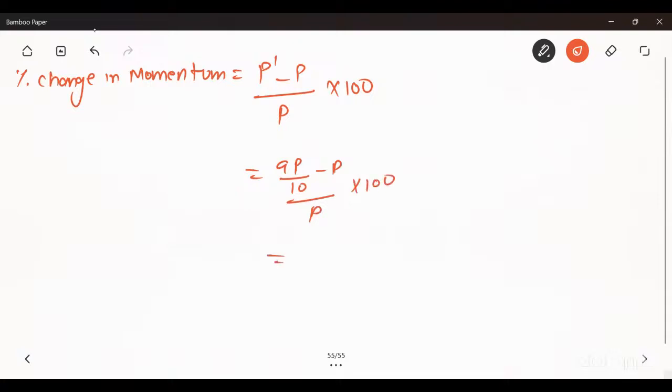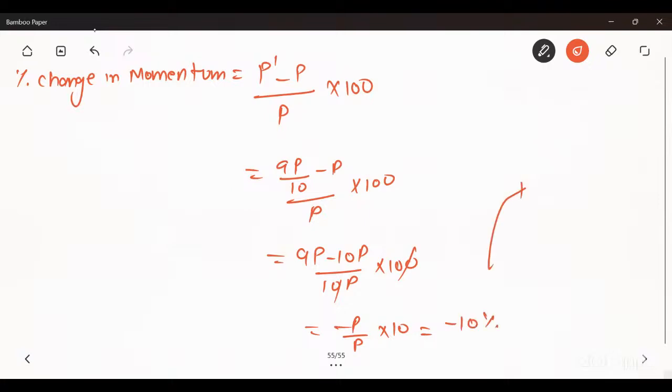Now if you take LCM, you will get 9P minus 10P upon 10P into 100. So that 0 will be cancelled. So P upon P into 10. So you will get minus 10%. That means momentum will decrease by 10%.